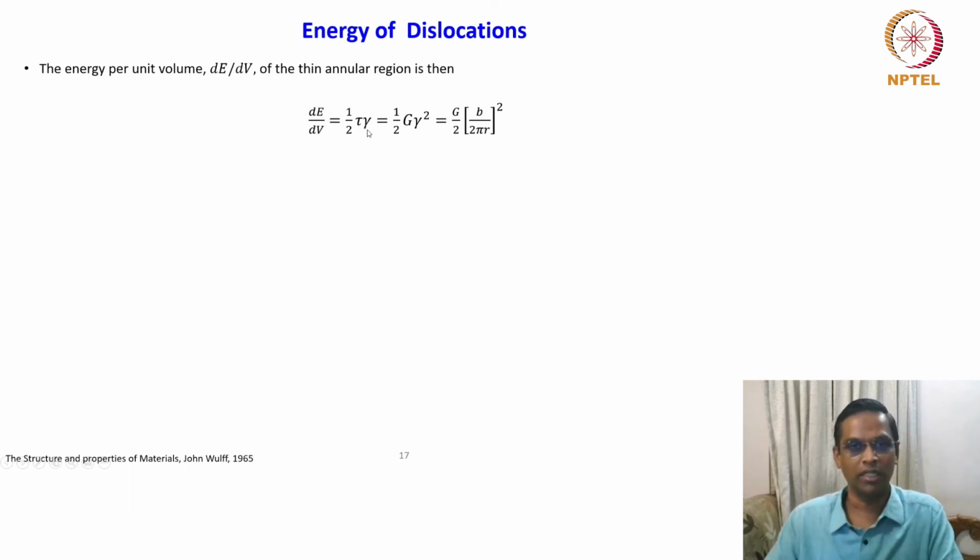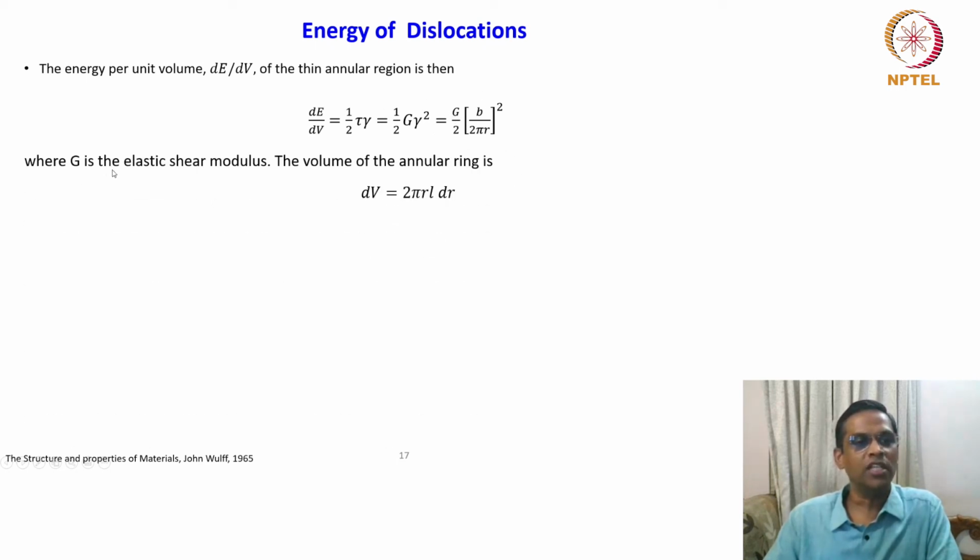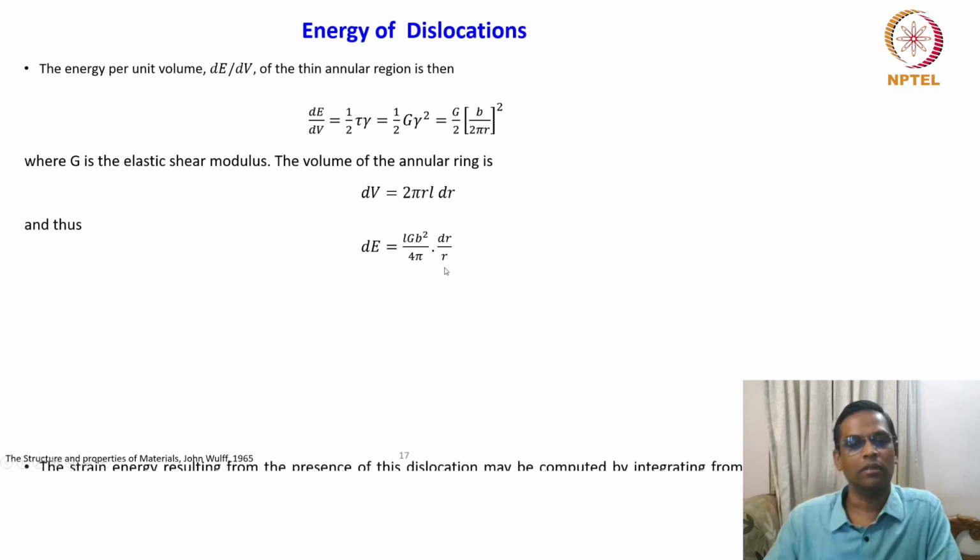If you go back to the initial elasticity theory, we have seen all this. So you substitute gamma as seen earlier, then you get this expression for dE by dV, right? Where G is the elastic shear modulus, the volume of the annular ring is dV equal to 2 pi R L dr, and you can write dE equal to L G B square by 4 pi times dr by R.